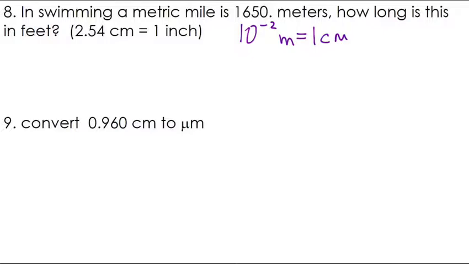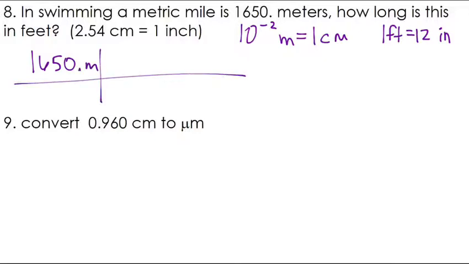But even then, notice the meters can get to centimeters, and then centimeters can get to inches, but it's asking for feet. So I am going to have to come up with one more conversion to use, and that's a simple one. 1 foot equals 12 inches. And now we're going to set this up starting from that 1650 meters.